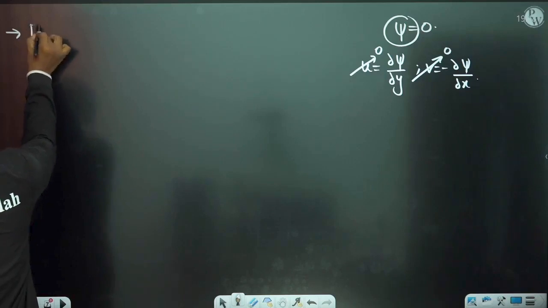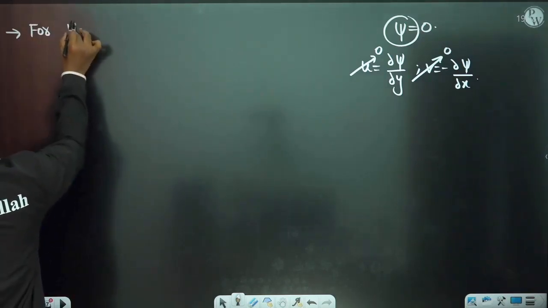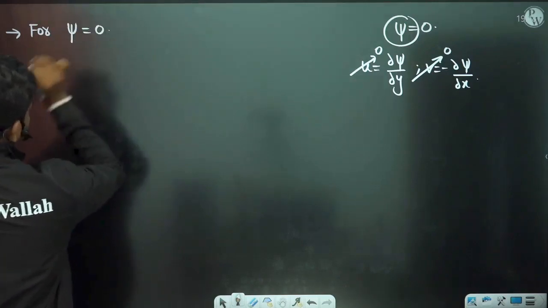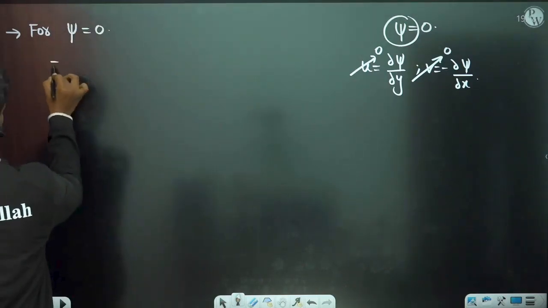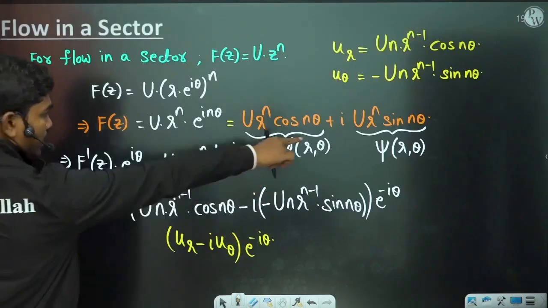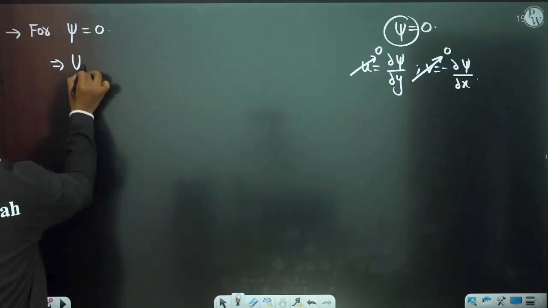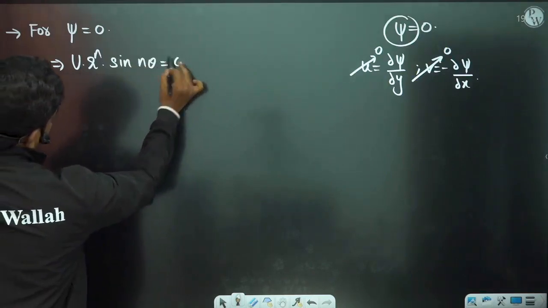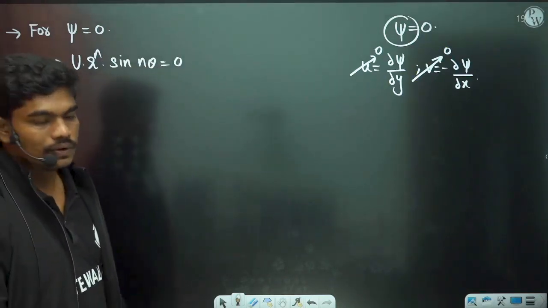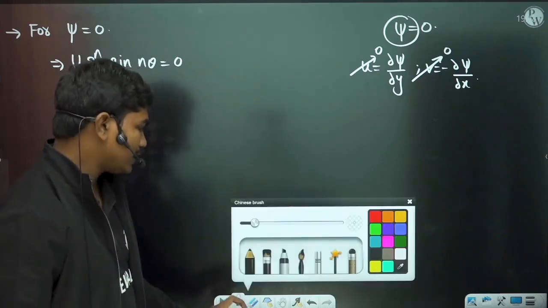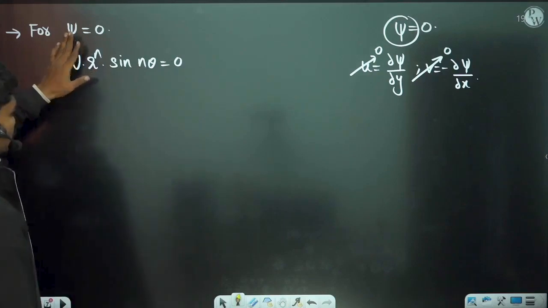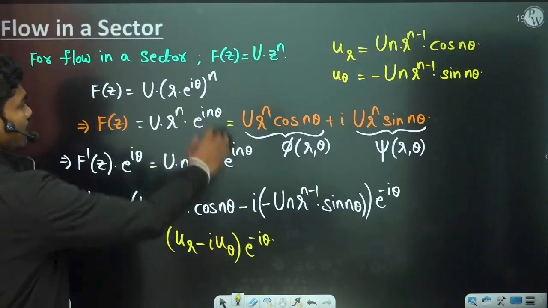Now if you see, for psi equal to 0, what is psi actually? U r power n into sin n theta is equal to 0, correct? This is what you have. Now from this equation you can easily understand that this u is not 0, because if u is 0, the function itself does not exist.